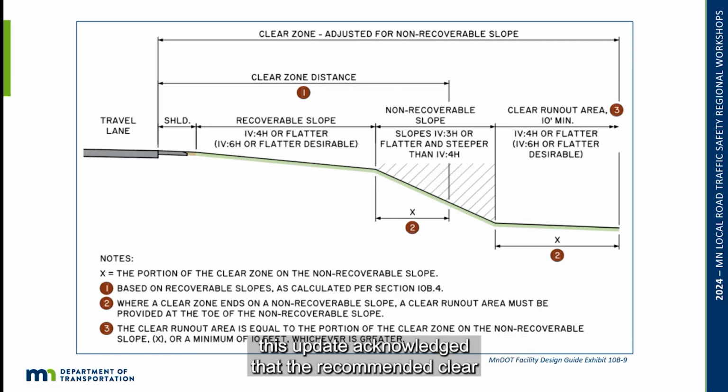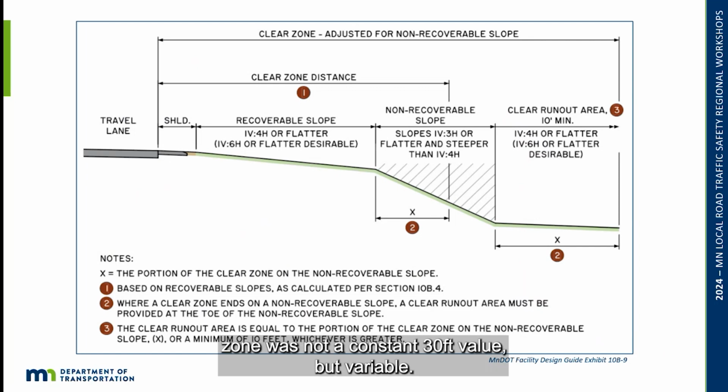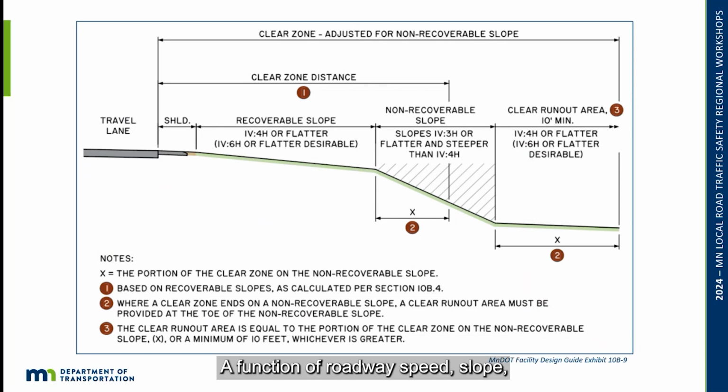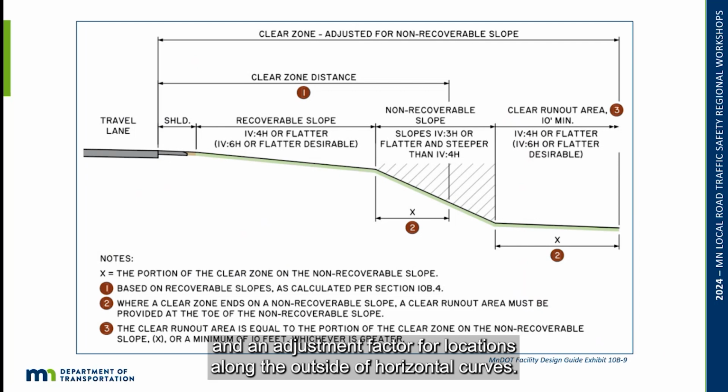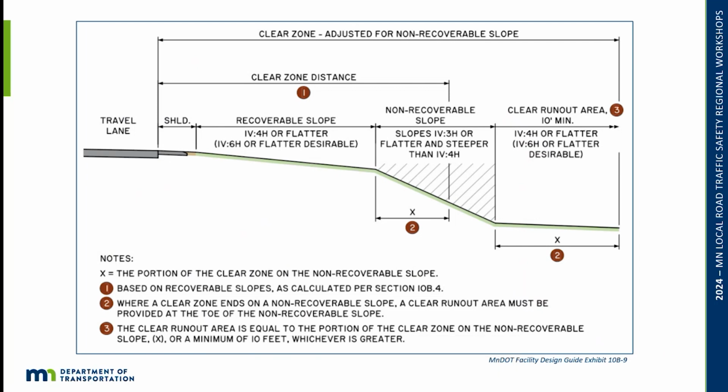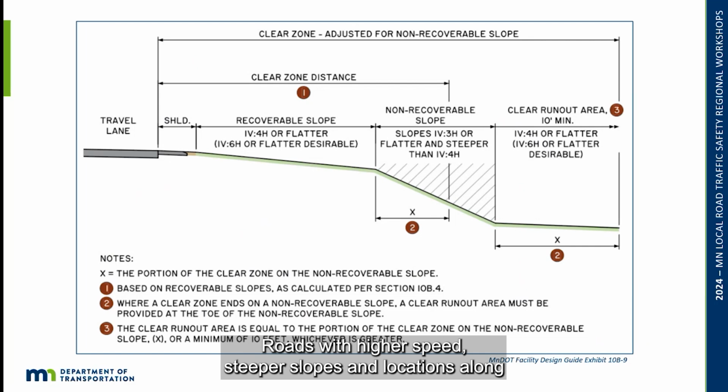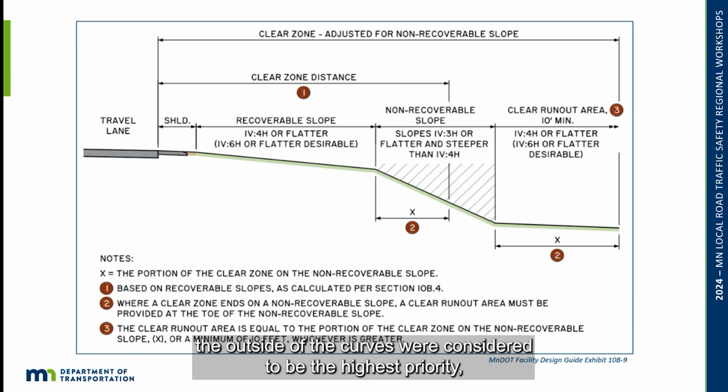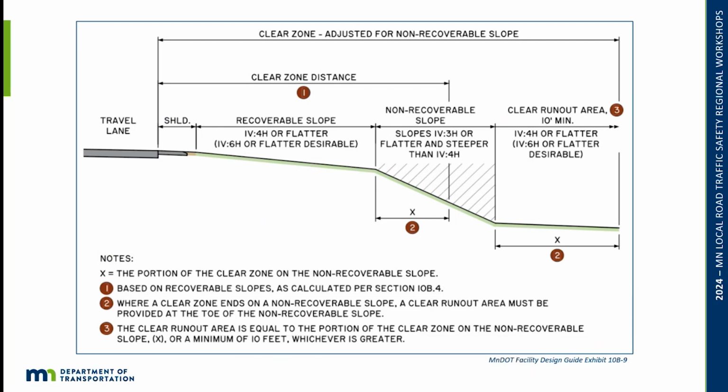This update acknowledged that the recommended clear zone was not a constant 30-foot value, but variable, a function of roadway speed, slope, and an adjustment factor for locations along the outside of horizontal curves. Roads with higher speed, steeper slopes, and locations along the outside of curves were considered to be the highest priority for providing wider clear zones.